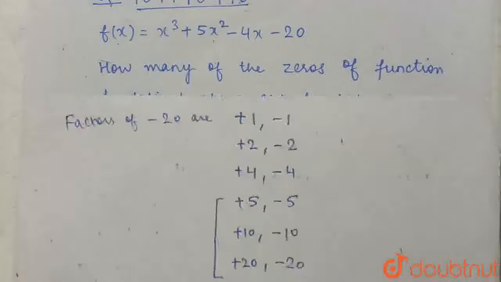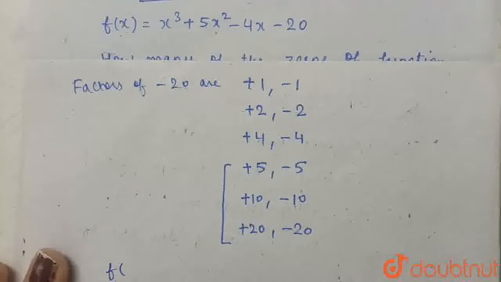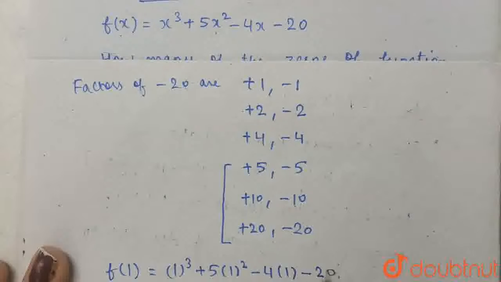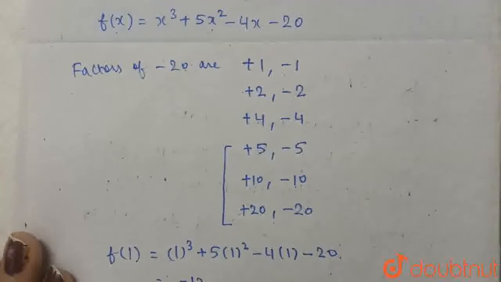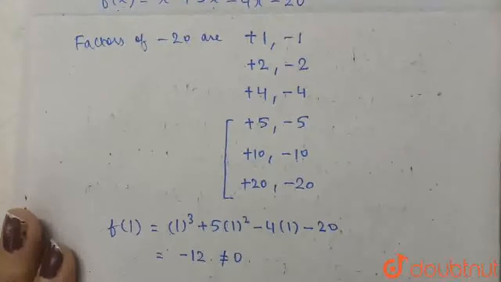So now if we put x is equal to 1, that is f of 1, if we calculate, then it becomes 1 cube plus 5 into 1 square minus 4 into 1 minus 20, which is equal to minus 12, which is not equal to 0. So therefore 1 is not the zero of the given function.